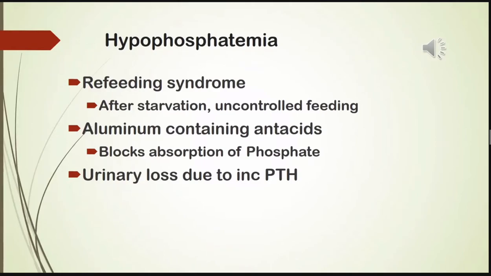This would lead to a drastic drop of phosphates in his blood. Also, some aluminum-containing antacids can block the absorption of phosphate, and this can also lead to hypophosphatemia. Hypophosphatemia can also happen when there's increased parathyroid hormone, and the phosphate in the blood will get filtered out into the urine and will be lost in the urine.